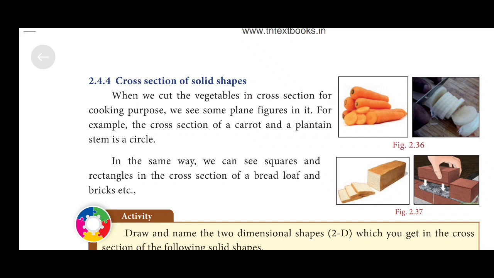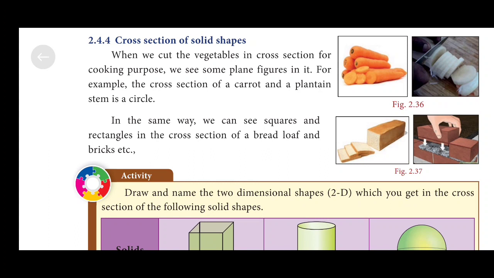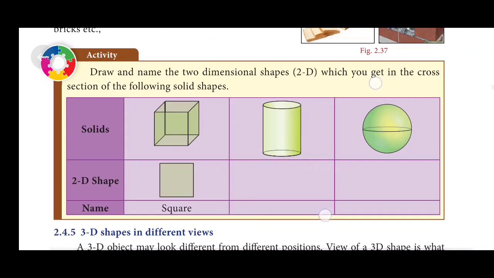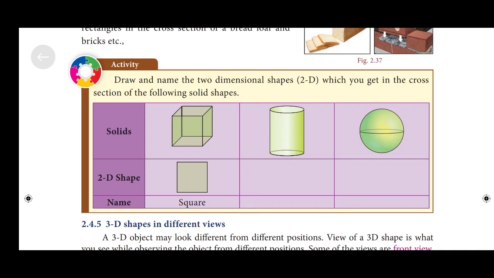Okay, so carrot and plantain stem are circles. Then in the same way we can see a square. If we cut a bread, we'll see a square. Okay, then bricks, stone, which are used to build a house.